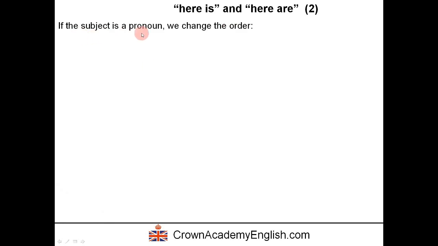If the subject that we are introducing is a pronoun, then we change the order. The structure is different. So we say here, followed by the subject pronoun, followed by is for the singular.